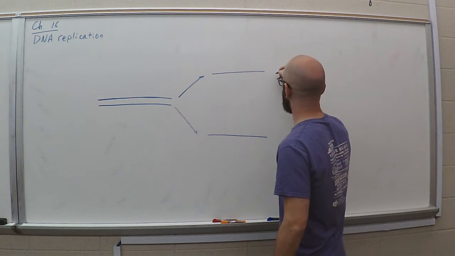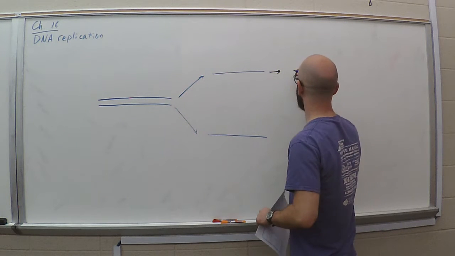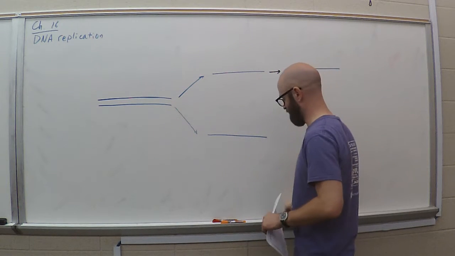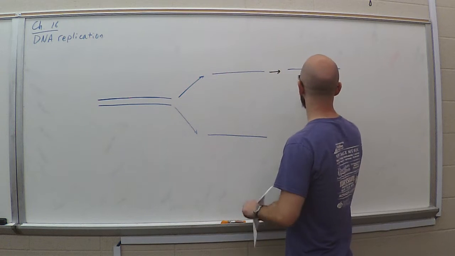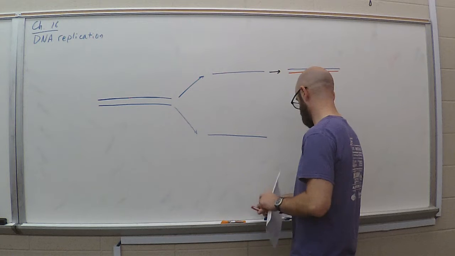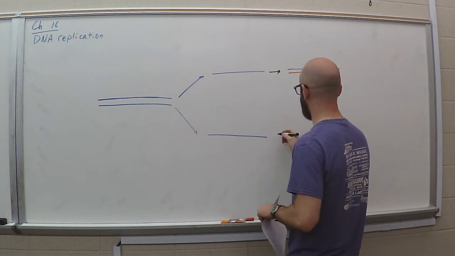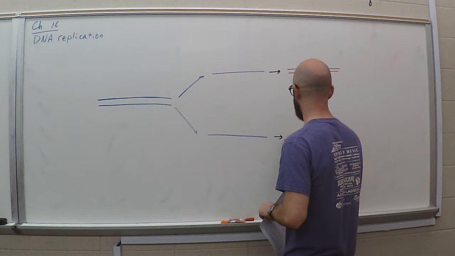this strand is used as a template to make a second strand, right, that's complementary to it. We'll do our new strand of DNA in red. And then this strand is used as a template to make another one.